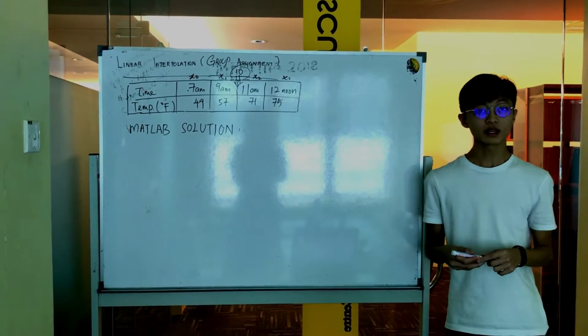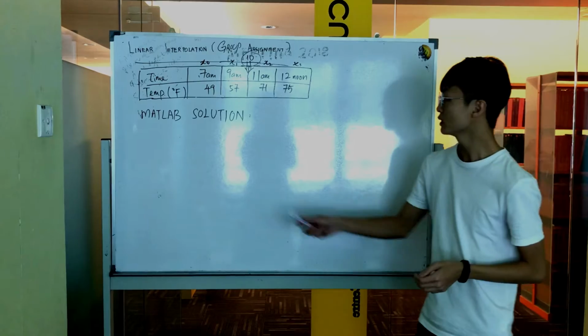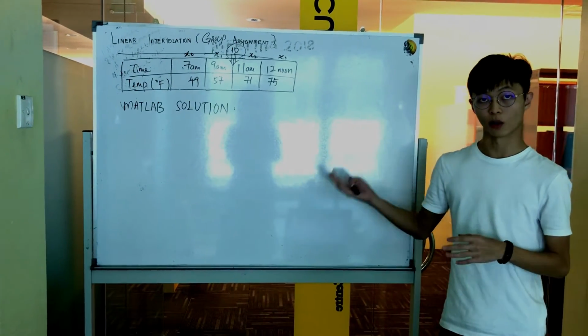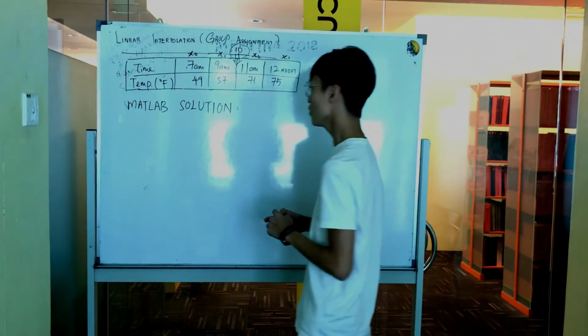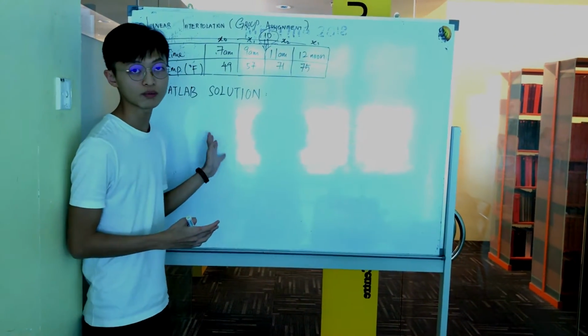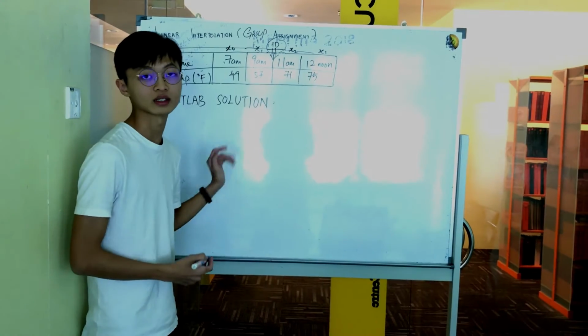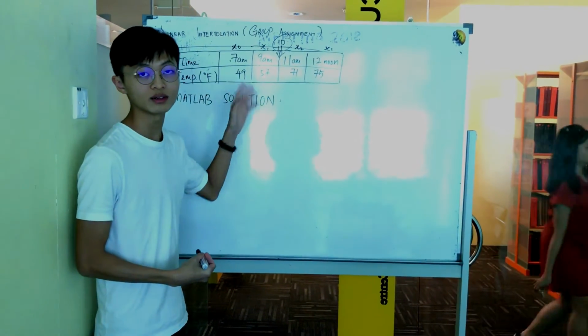Okay guys, my name is Zhao Yi, and now I will continue to explain the Matlab solution in our group assignment. Later I will compare the result with the Matlab solution. Now I will show step by step how you can type in the script file, and then you can get the interpolation at 10 and the desired value.